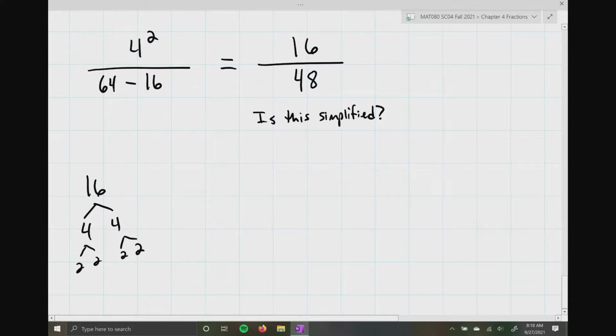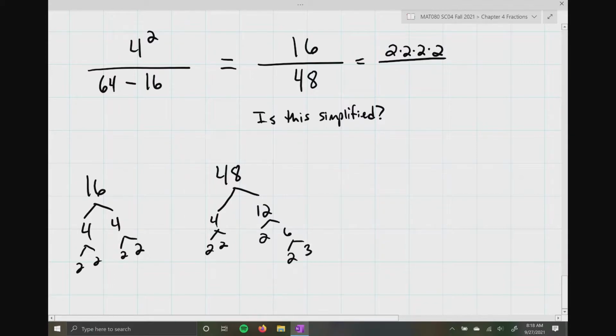And each 4 breaks down into 2 times 2. The 48. Two numbers that multiply to get 48. How about 4 and 12? The 4 breaks down into 2 and 2. The 12 breaks down into 2 and 6. And then the 6 breaks down into 2 times 3.